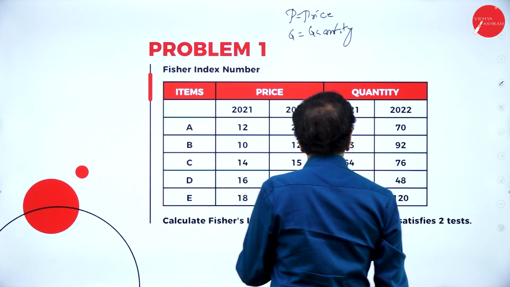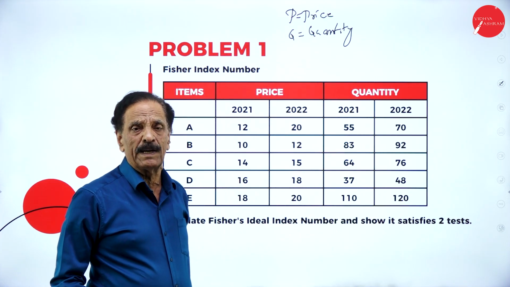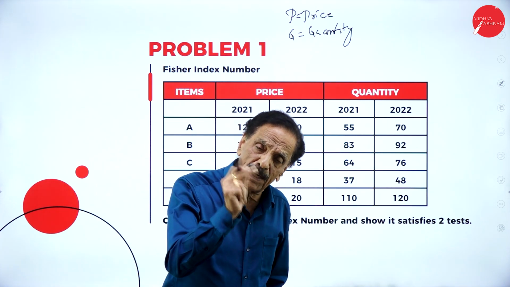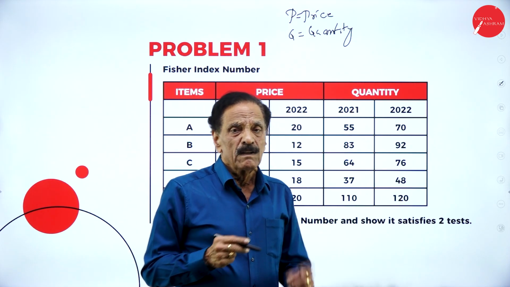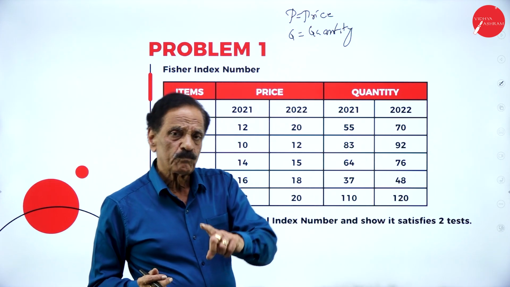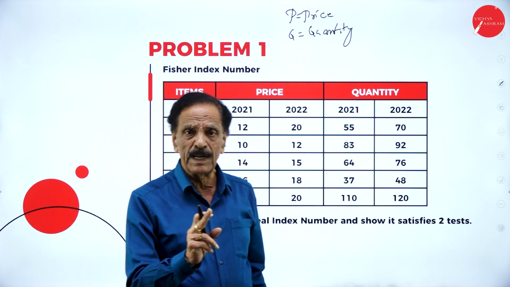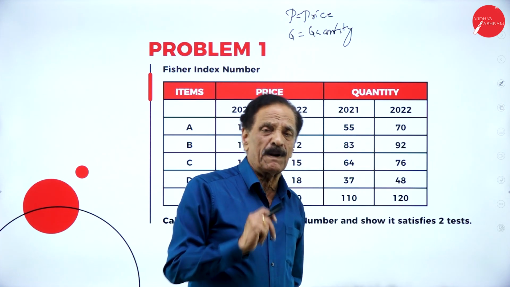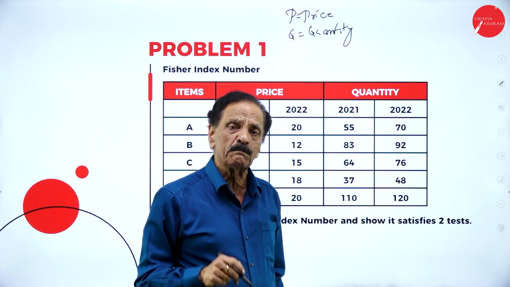Then P1 means current year price, P0 is base year price, Q1 is equal to current year quantity, Q0 is base year quantity. P is the price, Q is the quantity. P1 current year price, P0 base year price, Q1 current year quantity, Q0 base year quantity.